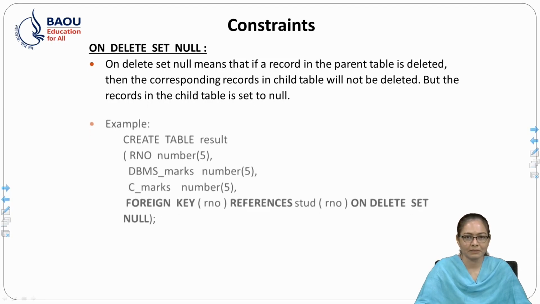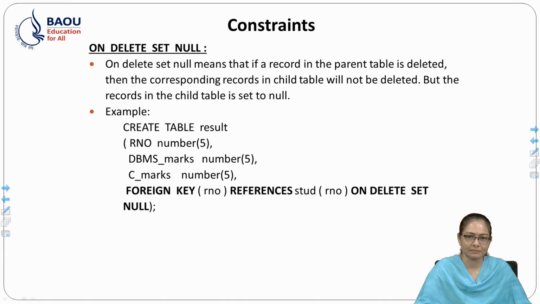For example, create table result, in the bracket roll number size 5, then DBMS marks number size, then C column is defined. After that, foreign key is defined as before, and then at the end, on delete set null is written.